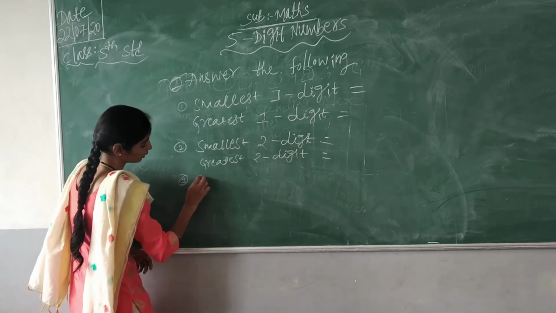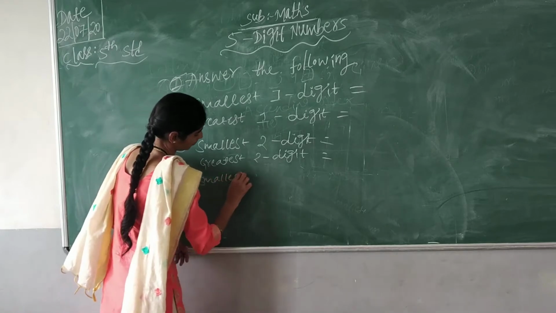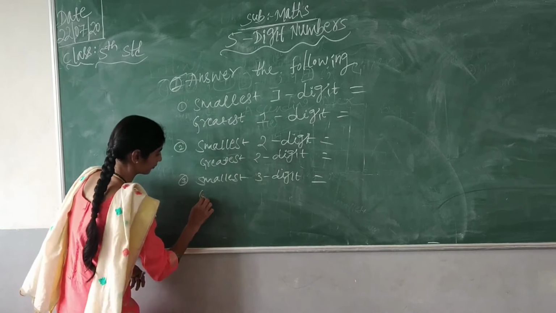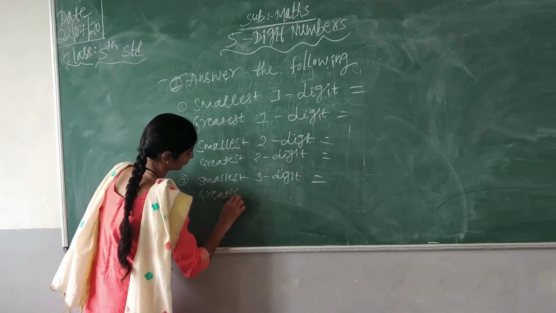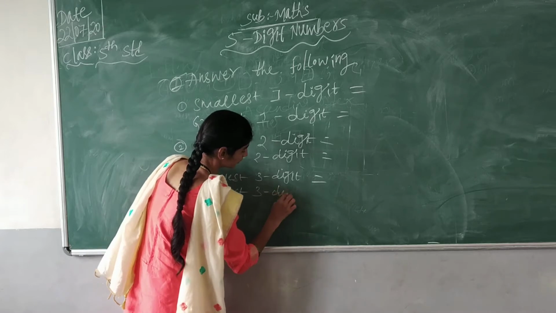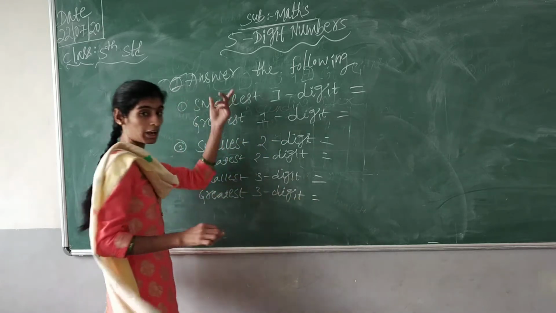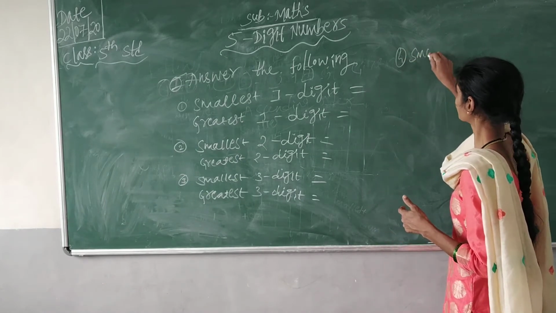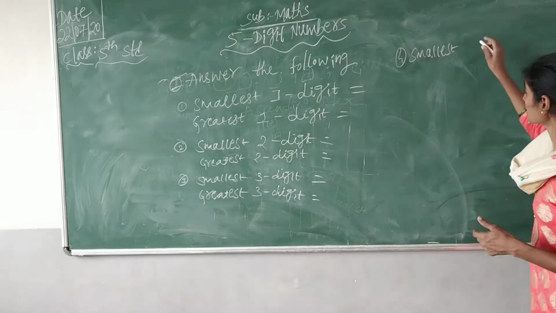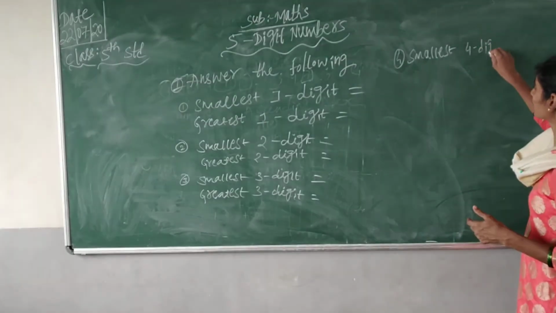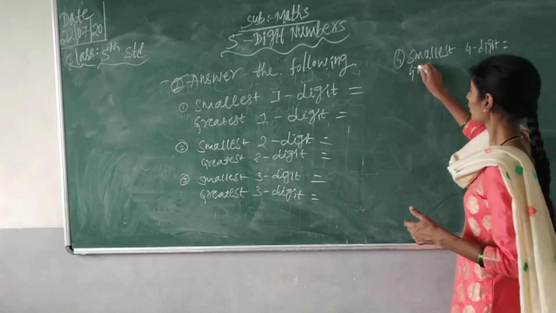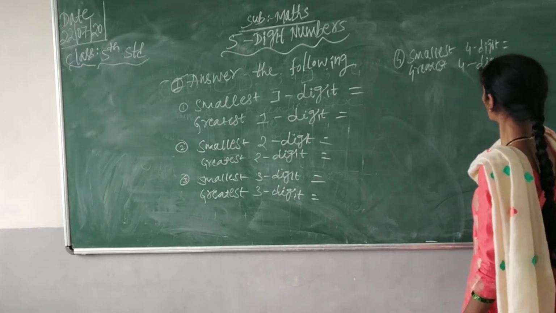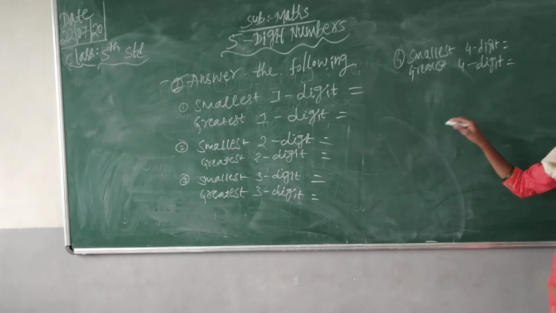Then you have to see the smallest 3-digit and greatest 3-digit number. Smallest 4-digit, then greatest 4-digit, then we will come to 5-digit.